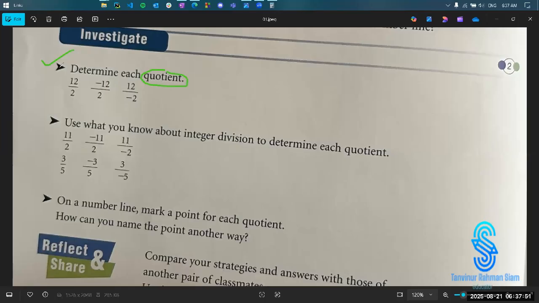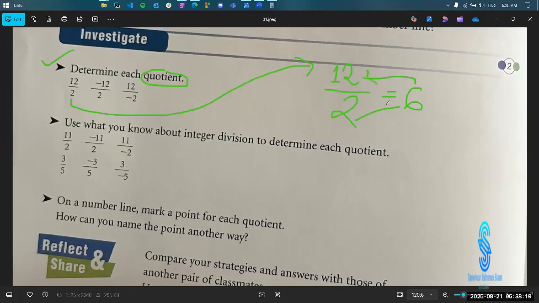So here, first of all, for this particular number, the numerator is 12 and our denominator is 2. If we divide 12 by 2, we will get 6. How? 2 multiplied by 6 gives us 12, right?